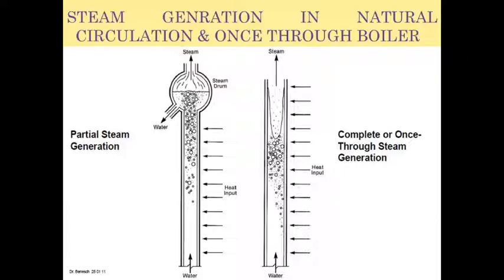Naturally evaporation varies, so that we will discuss further, but before that let us try to understand the impact of heat addition in terms of steam generation and how it is happening when there is a circulation or flow across the system. There is an open system and there is a closed system.